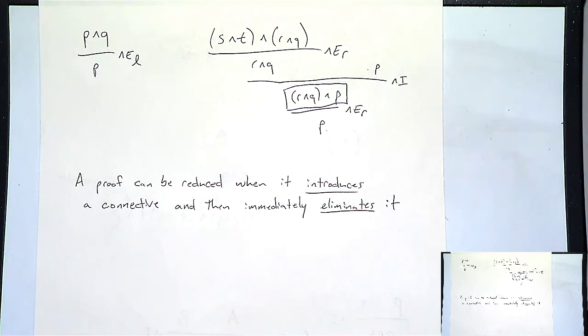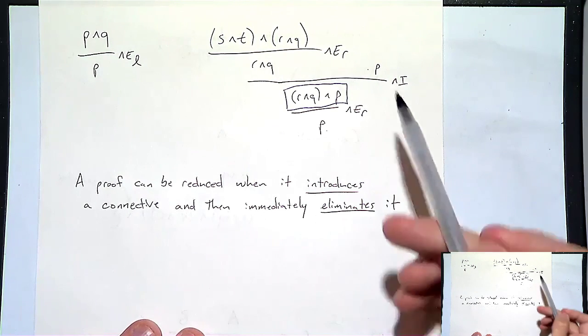So whenever a proof introduces a connective and then immediately eliminates it, that proof can be reduced, which means we're going to turn it into a different proof. And what we're going to do when we turn it into a different proof is just get rid of that connective altogether. If we introduced it only to immediately eliminate it, right? We brought it in just to throw it out. Well, then we never needed to bring it in the first place. And reduction will bring us to a proof that never did bring it in the first place.